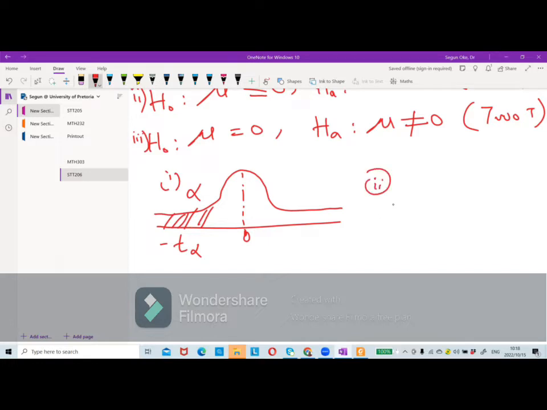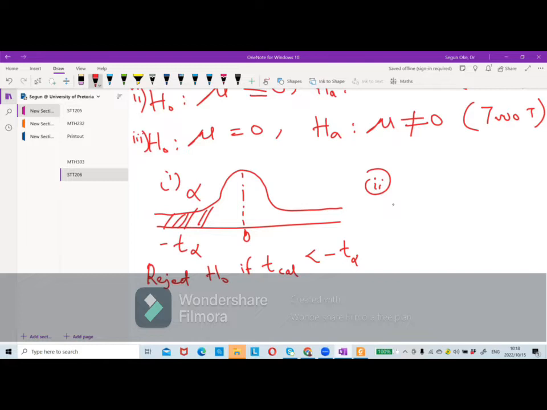For this one, we say we reject H naught if our T calculated, the one we get using the formula, is less than negative alpha, the T tabulated.